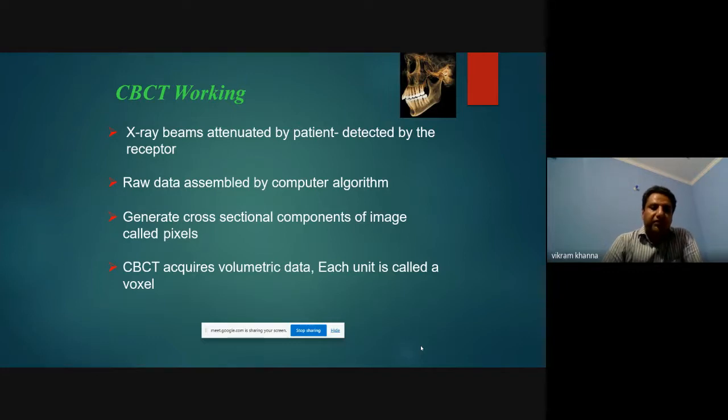So voxel is volumetric data. I think all of you have seen digital pictures. If you enlarge a picture to an extent, you will find some square boxes. These boxes are generally called picture elements. And the third-dimensional component of this pixel is the voxel.